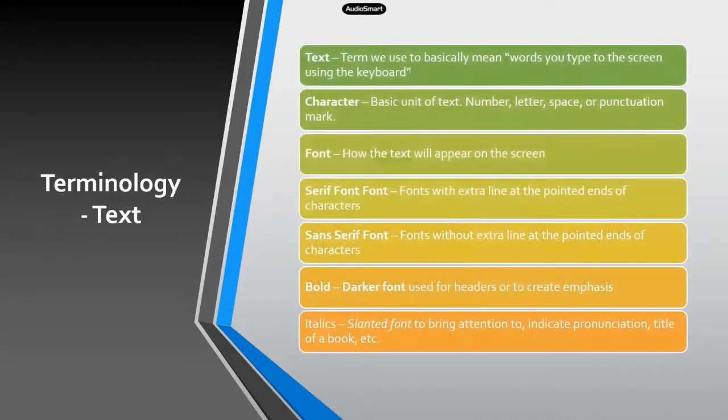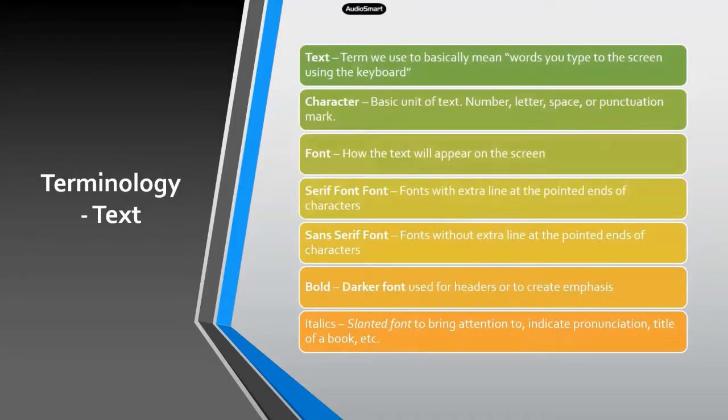The main purpose of Word as a program is to edit, create, and format text. So let's review some of the common terminology related to text. Text refers to the words typed to the screen using the keyboard. Text is made out of characters, which are the individual numbers, letters, spaces, and punctuation marks in a document. Font is the style in which the text appears on the screen.